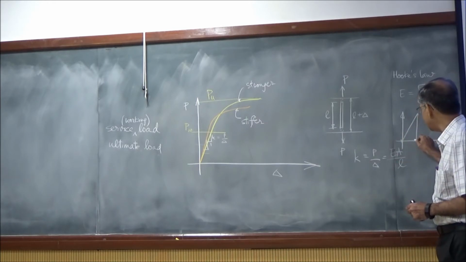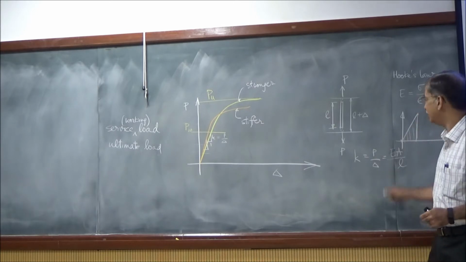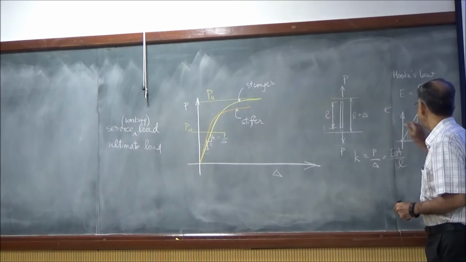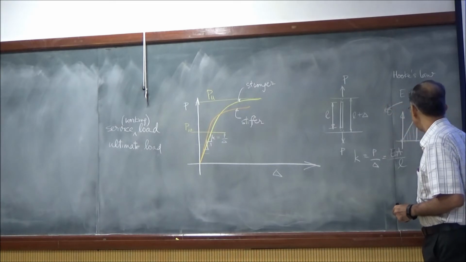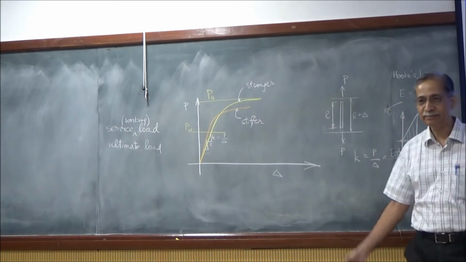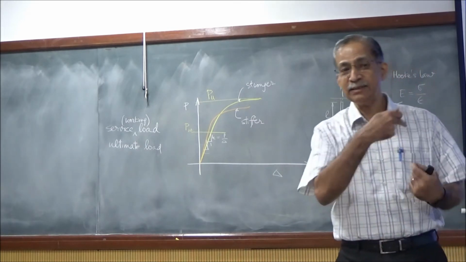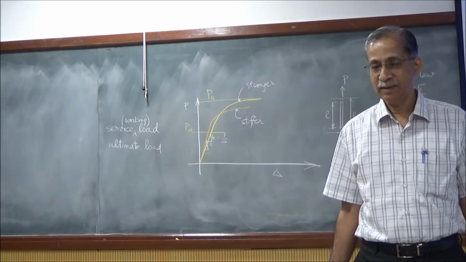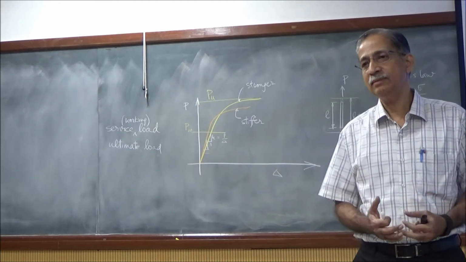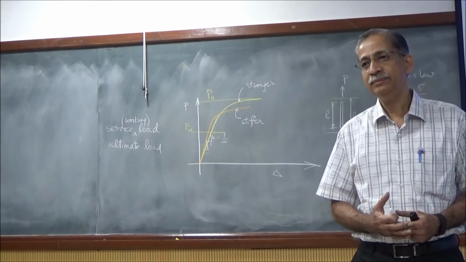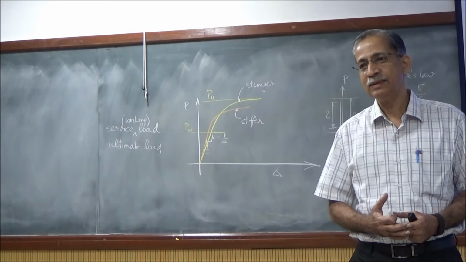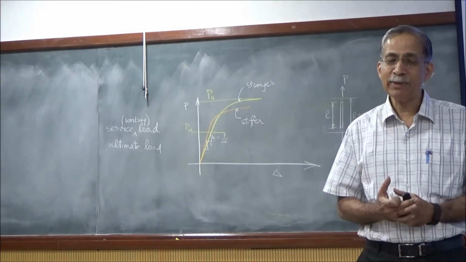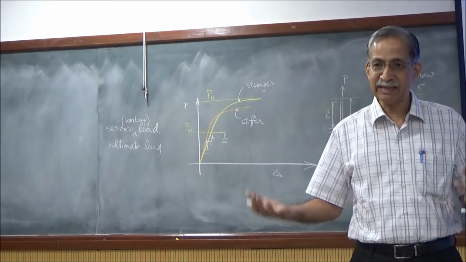So whatever strain energy is accumulated gets released fully. The ability to retrace and recover is the property of an elastic material. That's why we say the system is conserved.